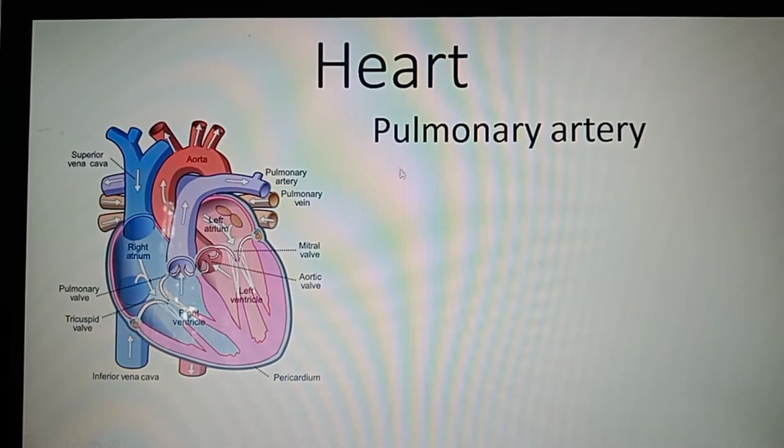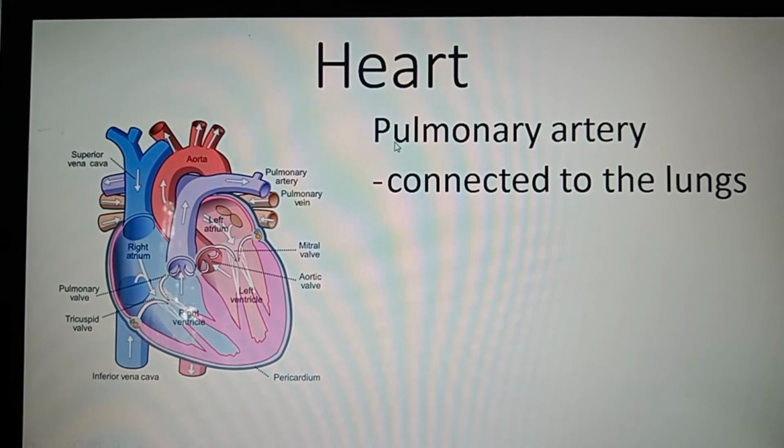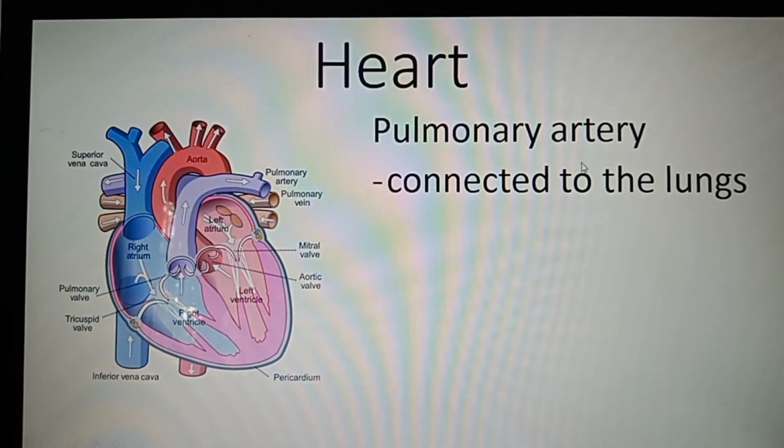And take note, pulmonary artery. It means the word pulmonary, this artery, grade 6, is connected to the lungs. Look at its direction. Okay? And there are two of them. One is connected to the right lung and the other is connected to the left lung.